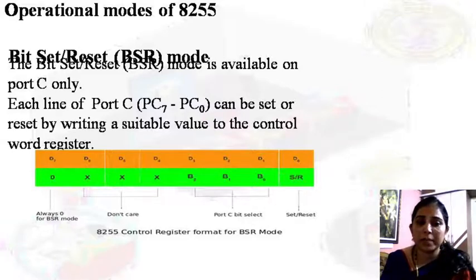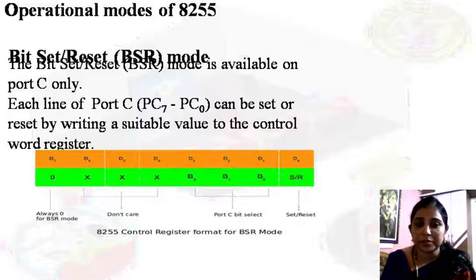One more very important thing is the bits D4, D5 and D6. D4, D5, D6 are don't care. They may be 0 or they may be 1, but we are not taking them into consideration when it is in BSR mode.